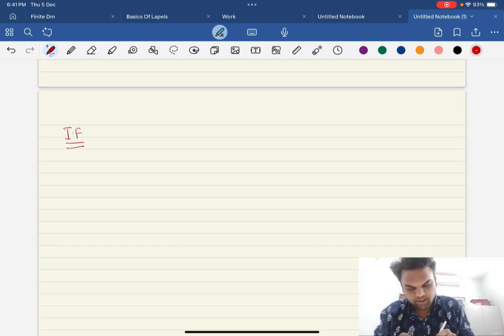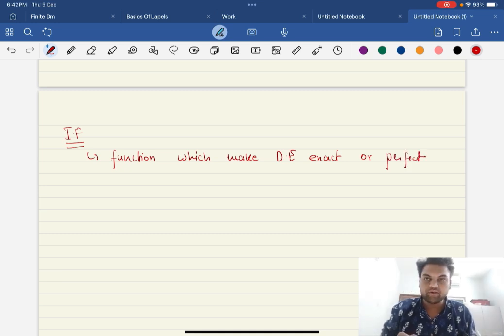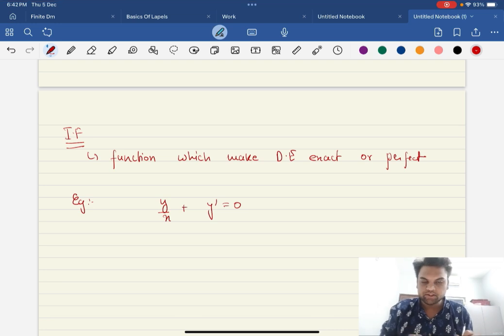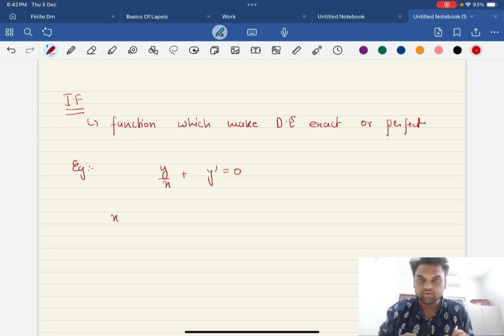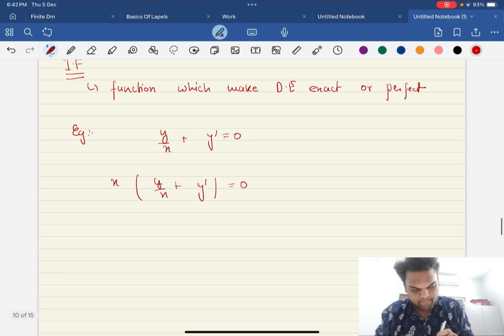Now what is an integrating factor? An integrating factor is just a function which makes a differential equation exact or perfect. What is the meaning of perfect or exact? Take an example: if we have a differential equation like this and we multiply it by x, it becomes x y' + y = 0.